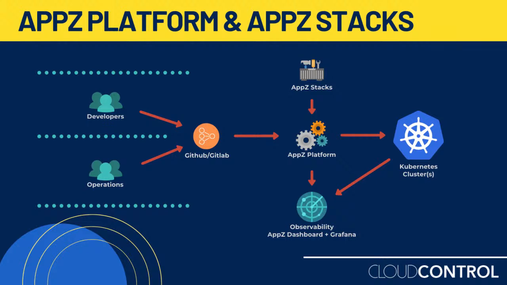Sure. This picture summarizes the workflow of our AppG platform. As an application developer or an operator, whatever hat you are wearing, you will see during today's workshop that on the left-hand side you are sitting, and on the right-hand side we have the cloud.